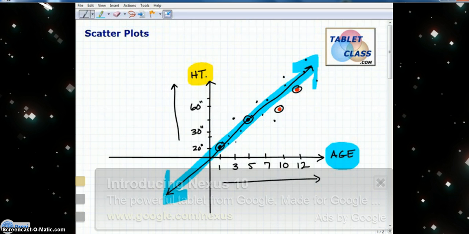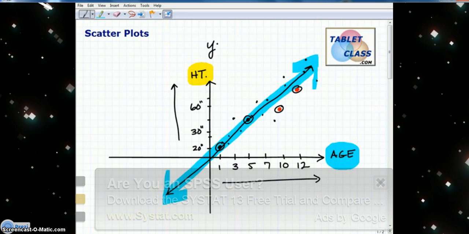Now, what you're asked to do, especially in algebra classes, is to find the best fitting line. So let's say you're in 6th grade and all you've studied is the basic idea behind scatter plots. This might not pertain to your math course, but let's say you're in Algebra 1, Algebra 2, whatever, you might be asked to find an actual equation to represent what's going on here.